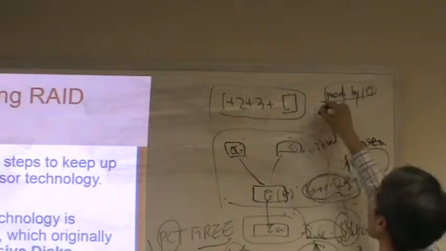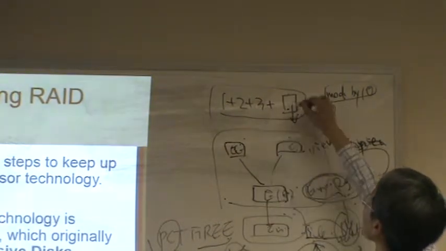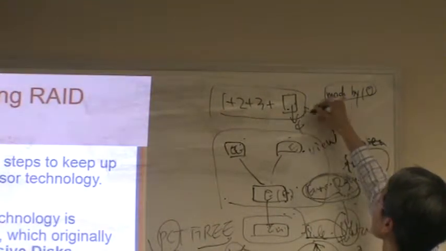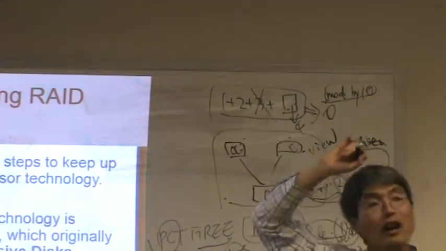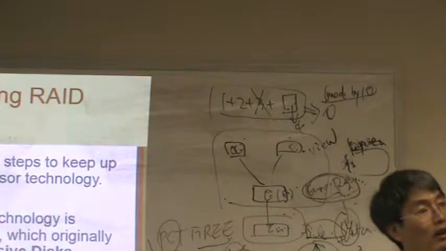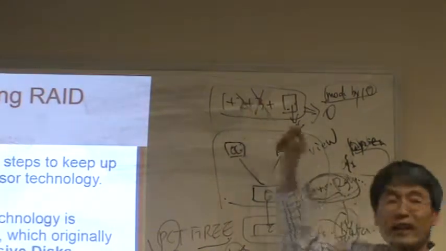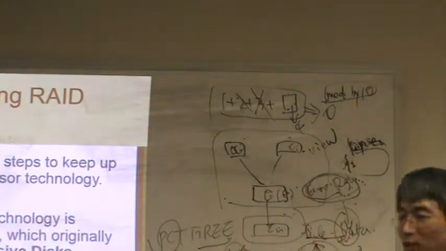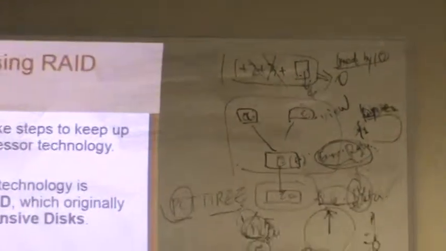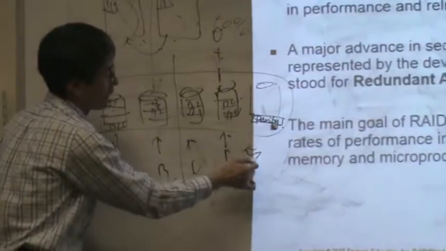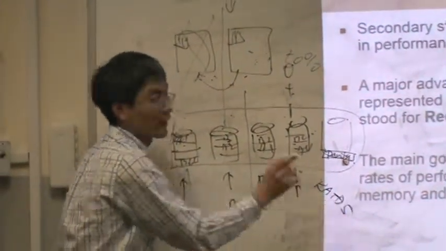So let's say 10. The parity bit in this case is 4, because it should be 10. So even though we lose one of the data, we can restore. However, if you lose 2 of the data, you cannot. Okay, that is the parity. We can apply the same technique. This is called the RAID 5 technique.